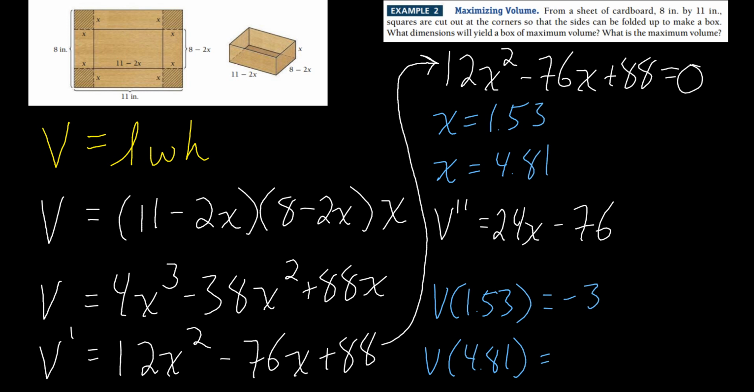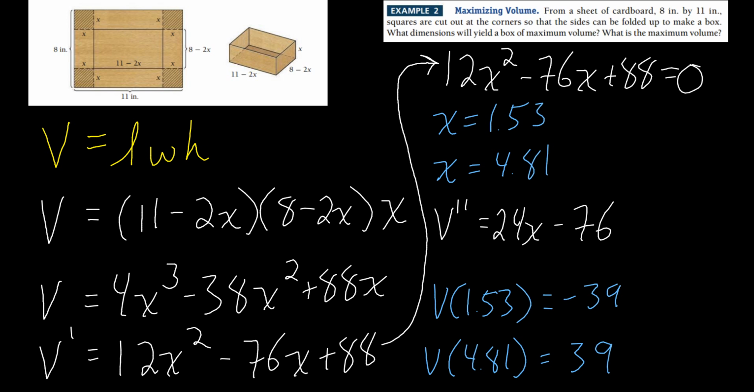We don't really care about the decimals here, we just care about whether they're greater than or less than 0. And at 4.81 it's 39. I'm actually glad we did this, because I don't think the book did.